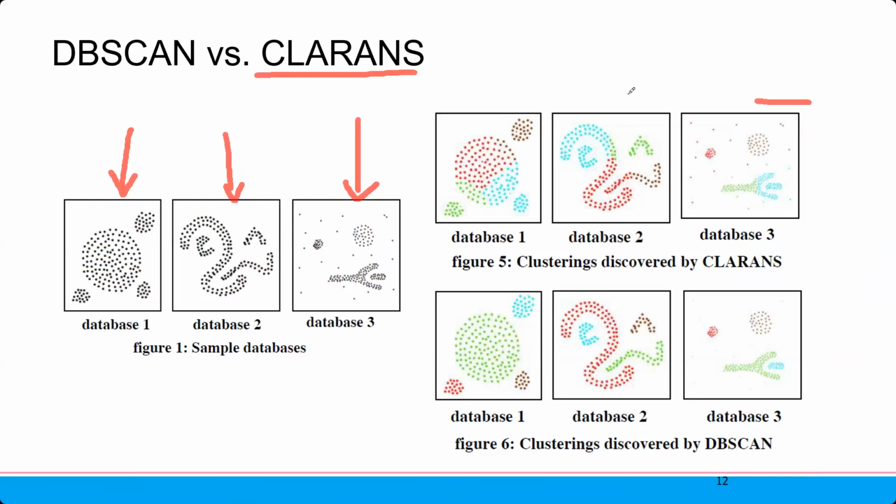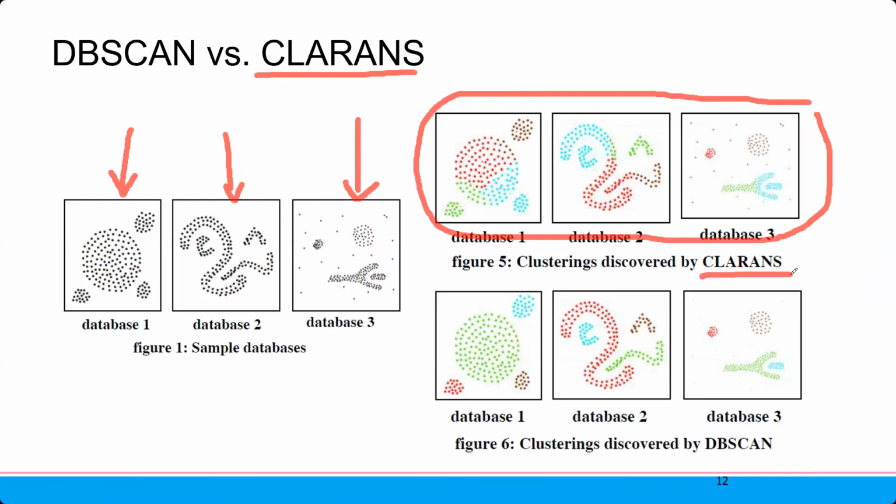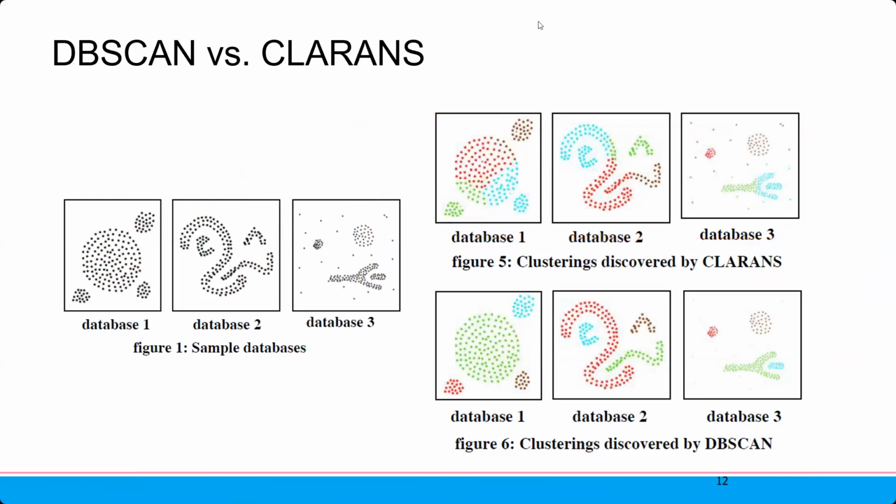So this is the result from one algorithm, CLARANS. Yes, we can create the group here, we can create the group, but the group is still separated. Meanwhile, we know that it might be in the same group.